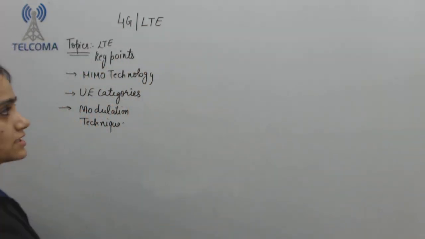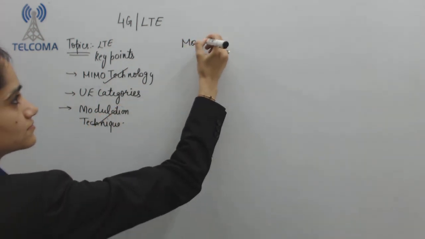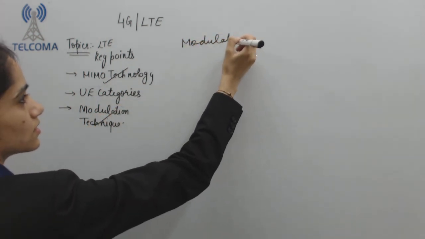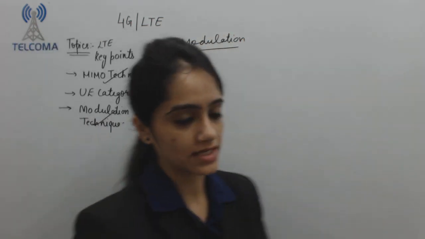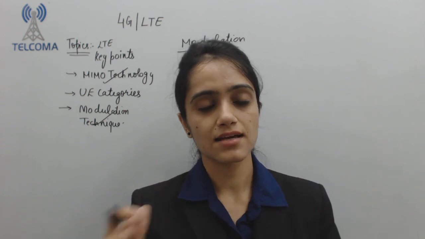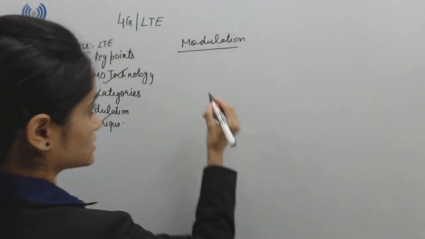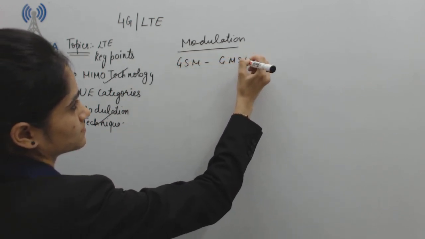The next key point is modulation. Modulation, we all know, is superimposing a weak signal over a strong signal so that it can carry a long distance. Now what type of modulation? As this is the digital era from GSM onwards, in GSM we are using GMSK modulation.